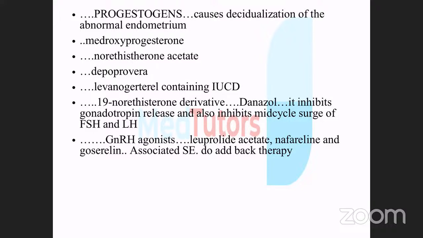All right? You can also use 19-nortestosterone derivatives, such as danazol, as it inhibits gonadotrophin release and also inhibits the mid-cycle surge of gonadotrophins. However, you must remember that danazol is associated with irreversible virilization effects, particularly the change in voice.